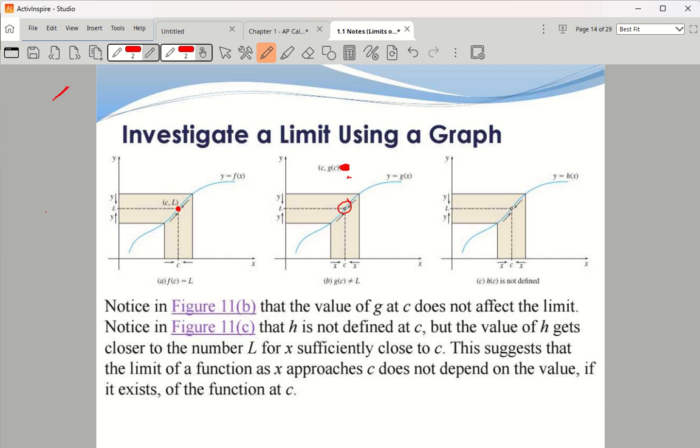So does the limit exist? Yes. The limit is this side and this side both going to the same number. That's the limit. Where the function, g of c right here, it's equal to only up there.